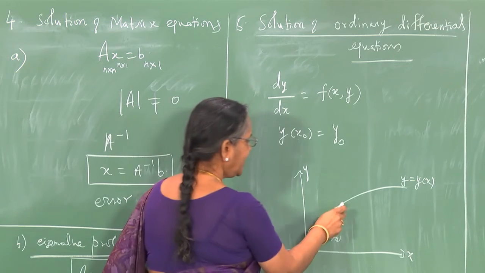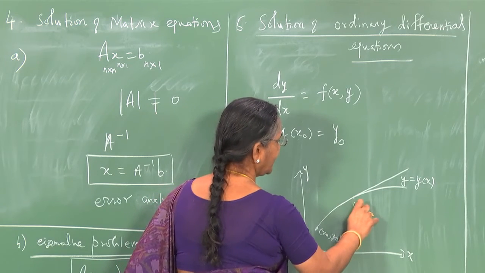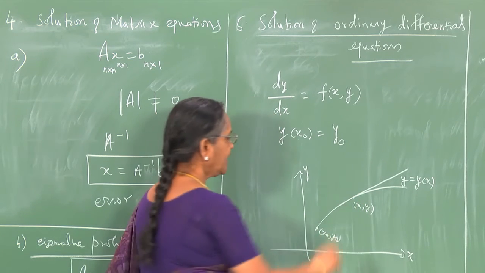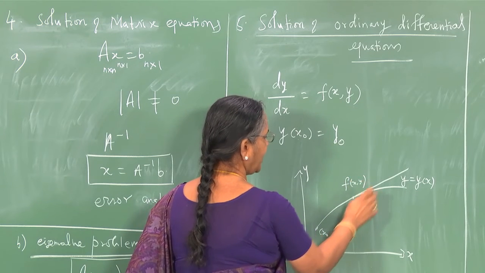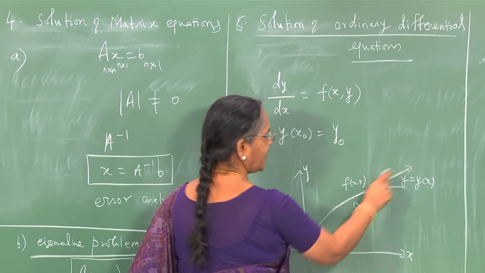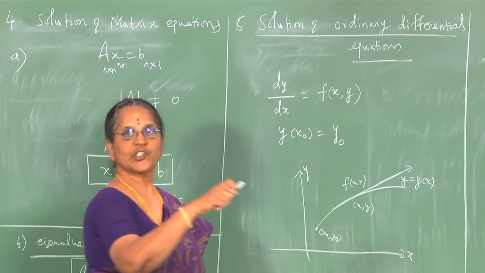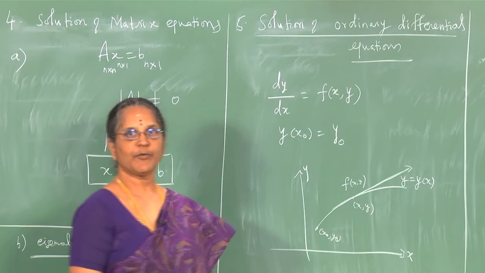What is it? It tells you that at any point on the curve, say x comma y, its slope is given by f of x comma y, namely the tangent to the curve at x comma y has its slope given by the right hand side f of x comma y.